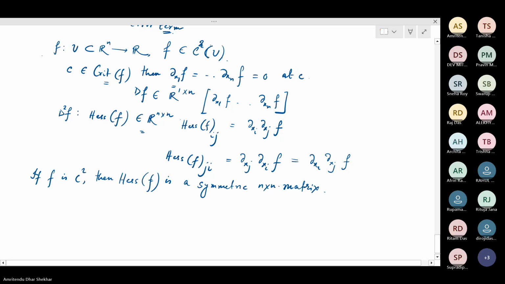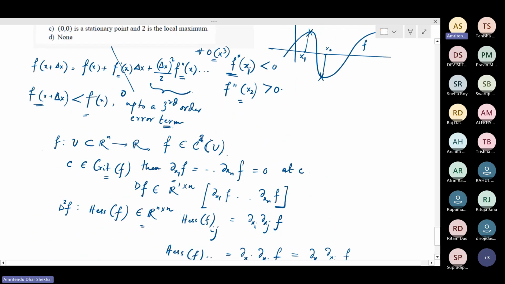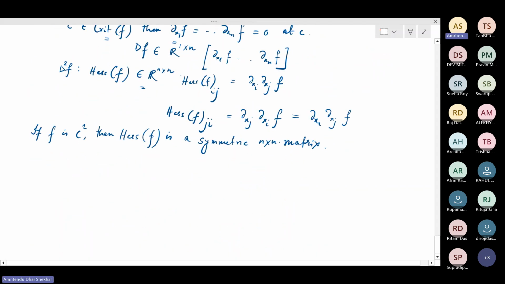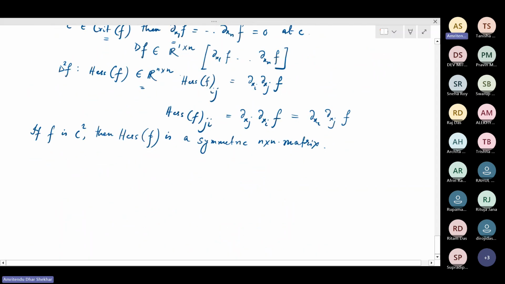All right. Now the question is, for the one-dimensional case, we have taken the second order derivative, and we've looked at its sign to determine if something is a maximum or a minimum. Now you do not have just a scalar number; you have an n cross n matrix.